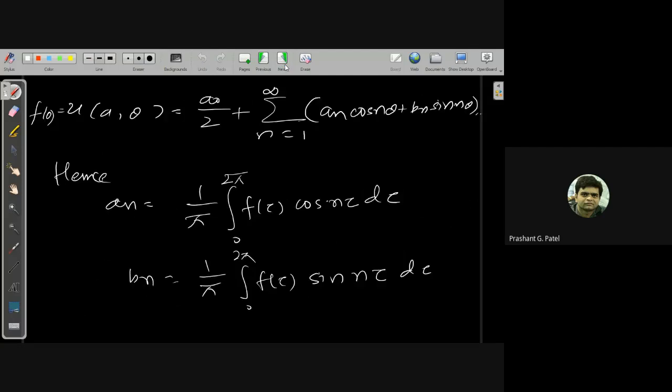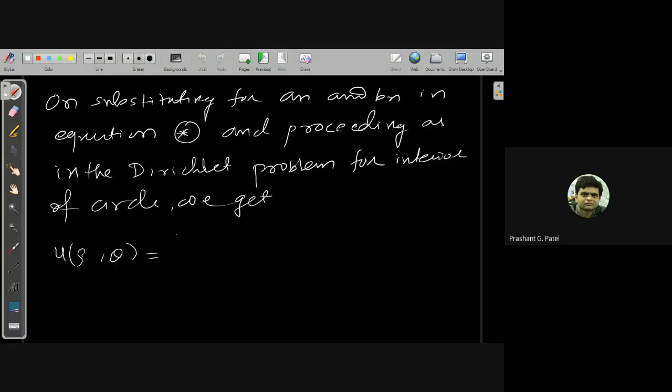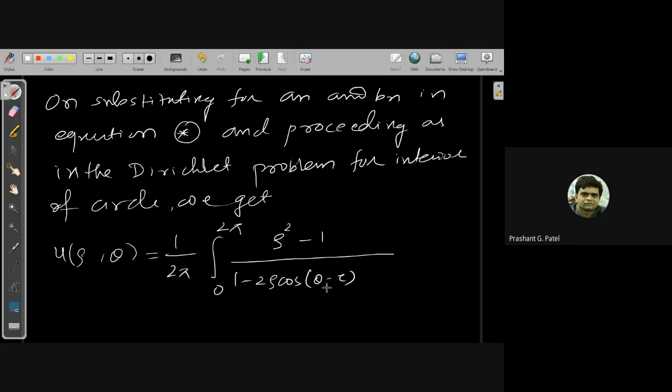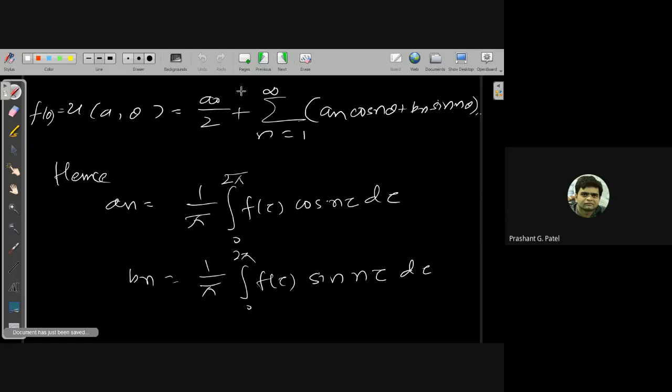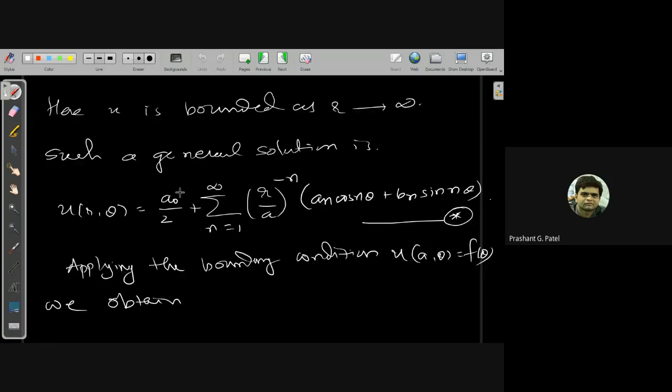So if we go in a similar manner, then u(r, theta) is 1 by 2 pi, integral 0 to 2 pi, of rho square minus 1, instead of 1 minus rho square, divided by 1 minus 2 rho cos(theta minus tau) plus rho square, times f(tau) d tau. This will be the solution we got, where the value of rho is r by a. So this is, in terms of the Poisson integral formula, the solution of the Dirichlet problem for the exterior of the circle.